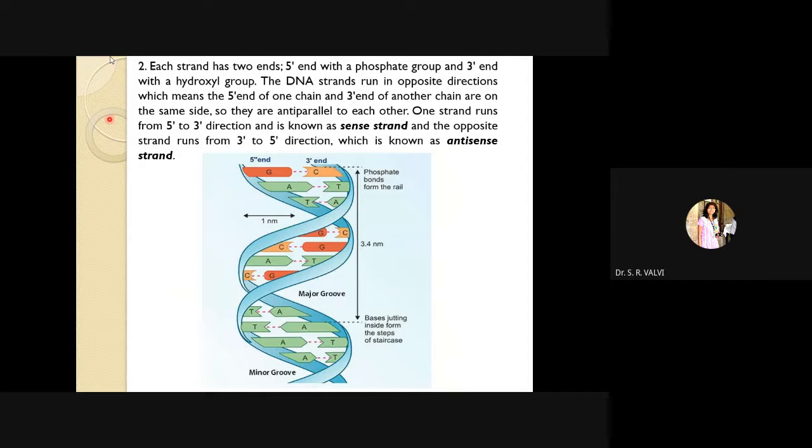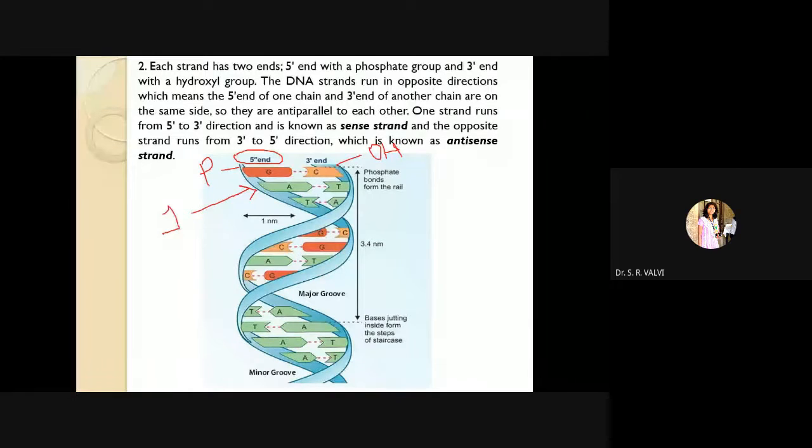Now, see here, each strand has a 5 prime end. Let me take the pen again. Are you observing this end? This is a 5 prime end with a phosphate group, right? And I will write here, it has the phosphate group, and the 3 prime end has the hydroxyl group, the OH group, right? Here, I will give names just for our understanding.